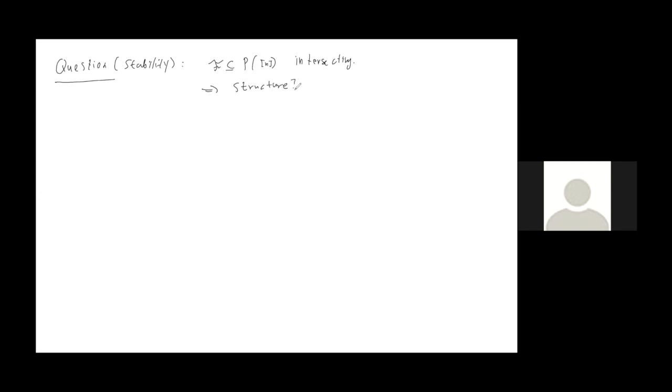Of course, if this family is very small, this question doesn't make any sense because you cannot say much. But there are two regimes of interest. The first one is when your family has size which is very close to the optimal.